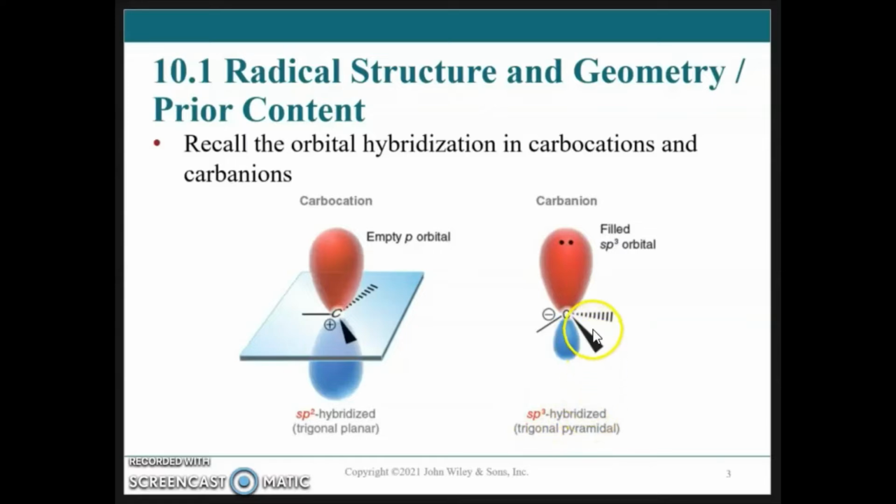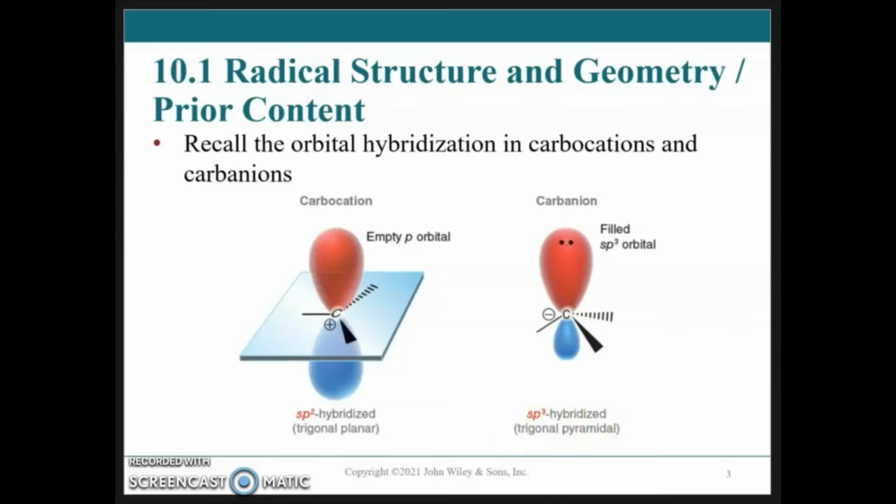So it retains its trigonal pyramidal shape. Valence shell electron pair repulsion theory tells us that each electron domain will seek to have the greatest amount of space from the neighboring electron domains, and that's how we have the trigonal pyramidal structure.